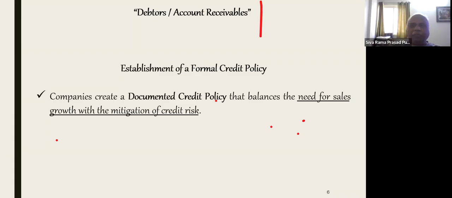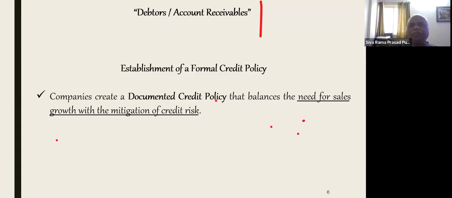Then only the marketing department as well as the finance department follow the credit policy. Otherwise, a company will not give any credit unless there is a policy in this regard. The company creates a documented credit policy that balances the need for sales growth with the mitigation of credit risk.